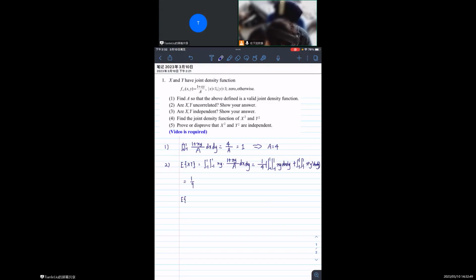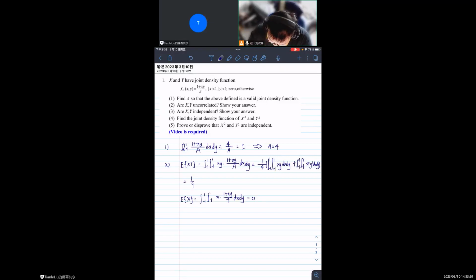So for the expected value of X, we will have it equals 0. Usually we can stop at this step, because the expected value of X equals 0, which means the product of the expected values of X and Y will never be 1 over 9.